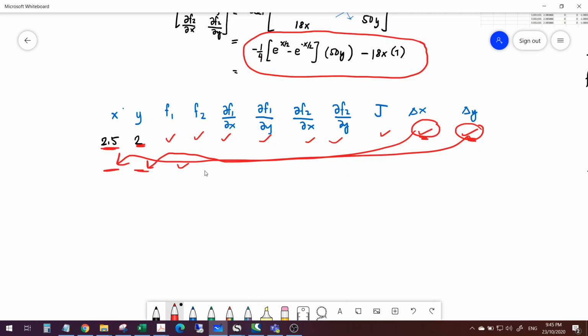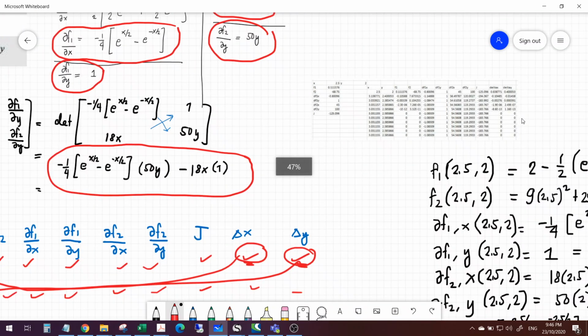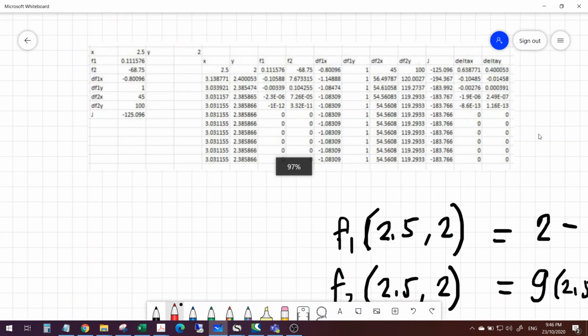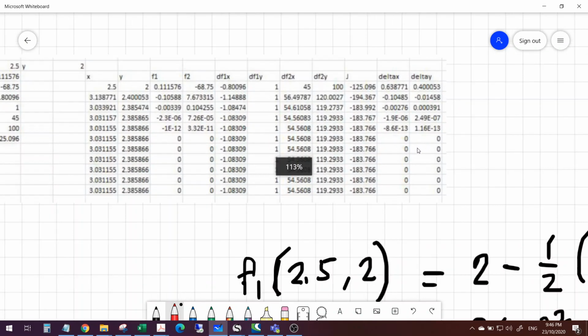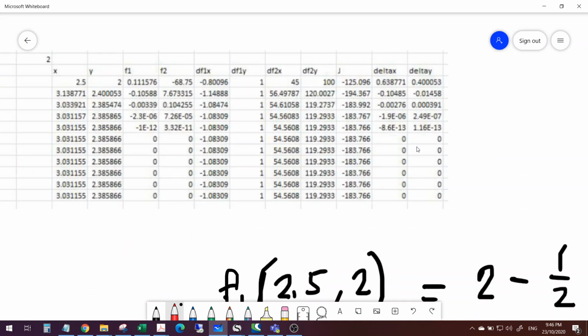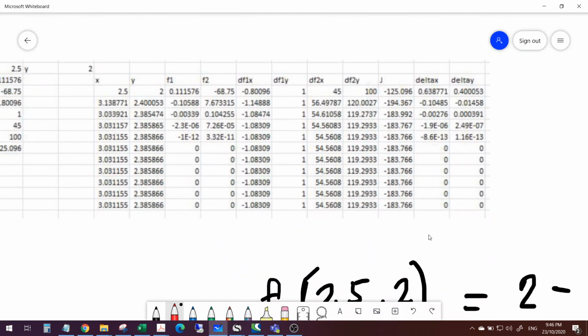And do the same operation as we did. That's why you need a spreadsheet in doing that, until you get your delta x and delta y correctly. So how will you know that delta x and delta y are correct? Of course, if your value is almost 0. Okay, so that's it for the system of nonlinear equations.